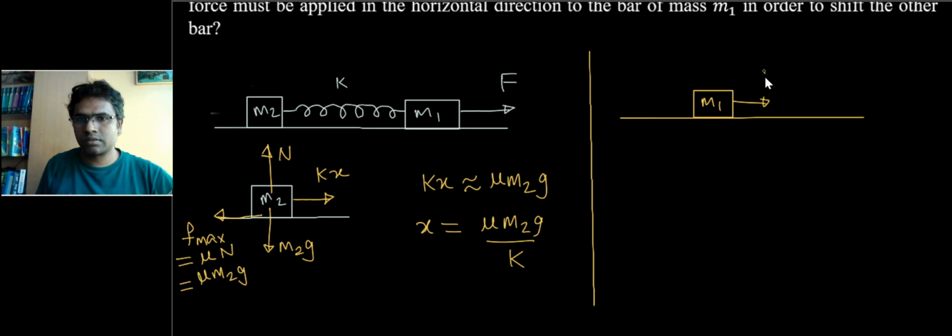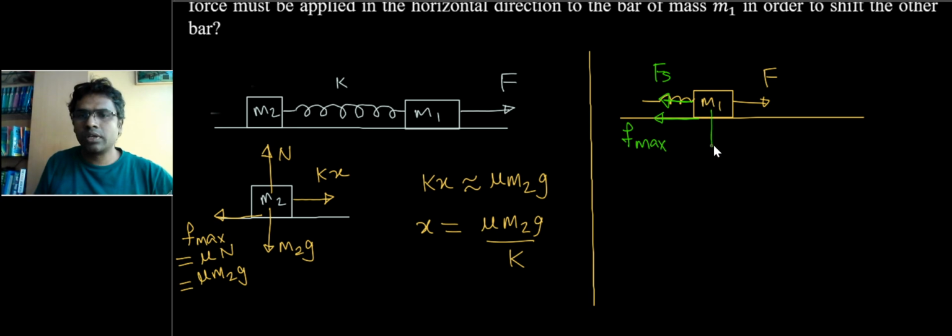So this is obviously moving, and the spring is going to pull with a force. But this force is a variable force. It is going to change as the block goes away to the right, since it depends on the amount of extension. And because the block is moving, the surface will apply the maximum possible friction force. So this is F max.